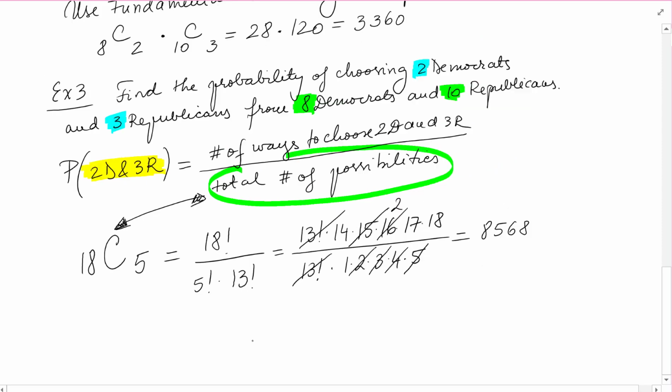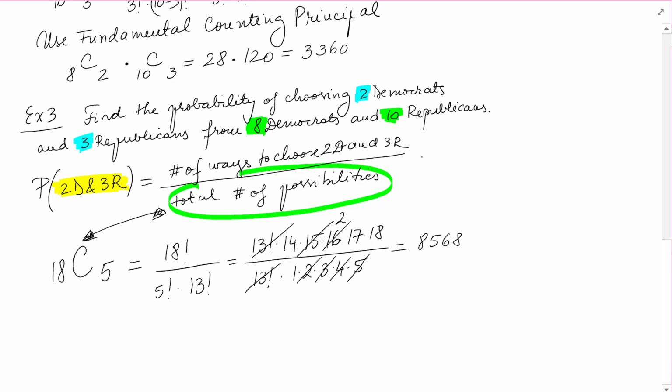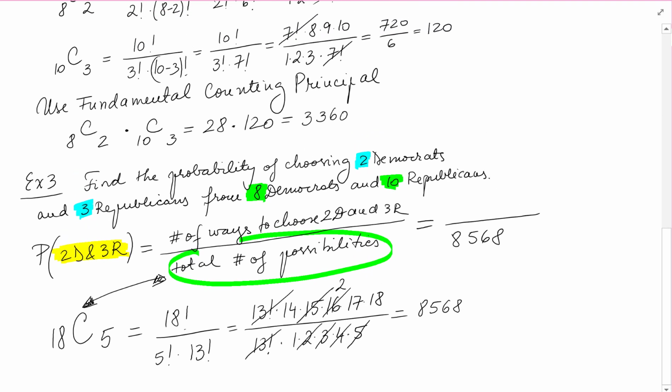So we found the denominator. In our problem, the probability equals the number of ways to choose 2 Democrats and 3 Republicans, which we just did above, 3,360, over 8,568. We can simplify this. Both numbers can be divided by 2, and we can keep dividing until we reach the lowest terms.